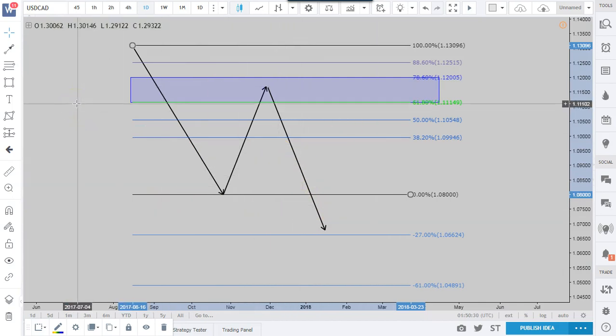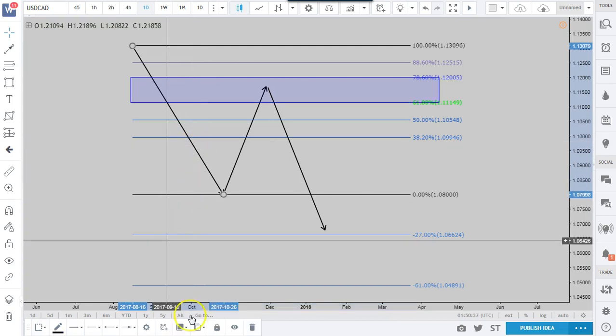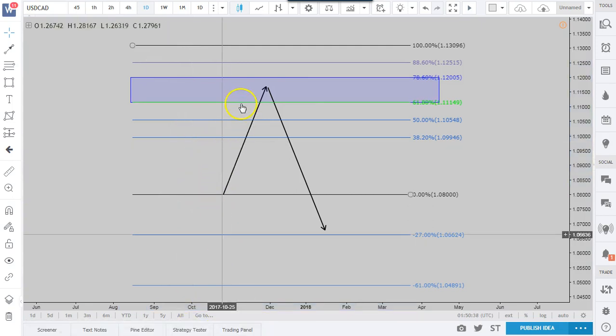If you are also using it on the uptrend, you also do the same thing. Okay, so now let's check the actual chart and see how we can use this.